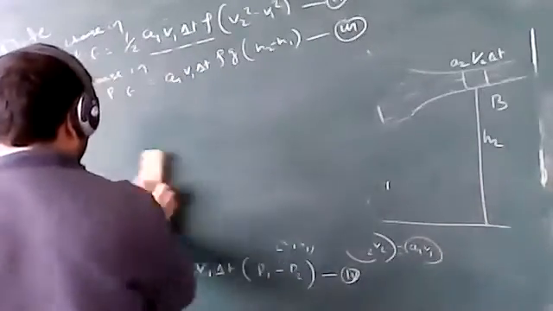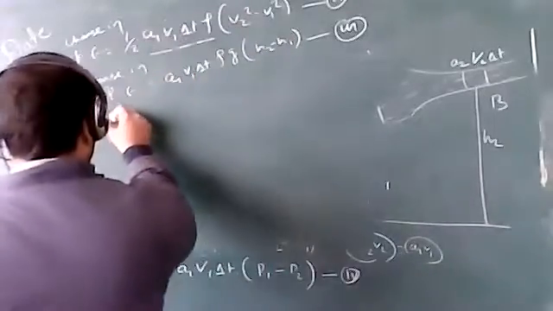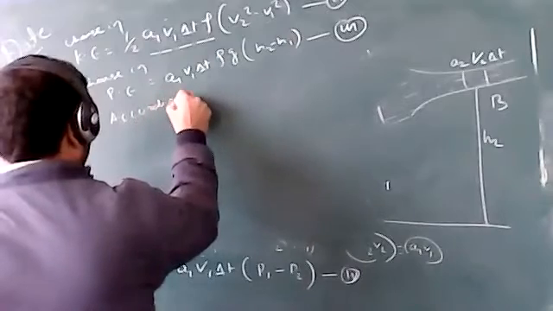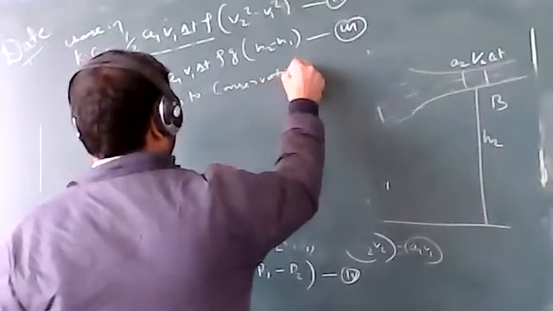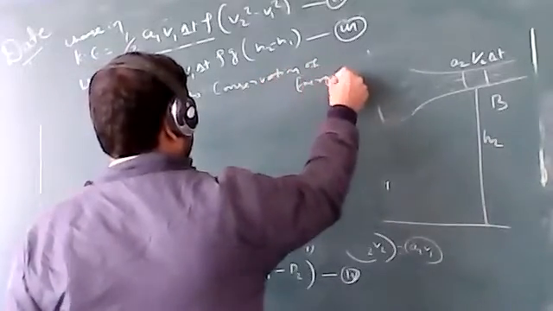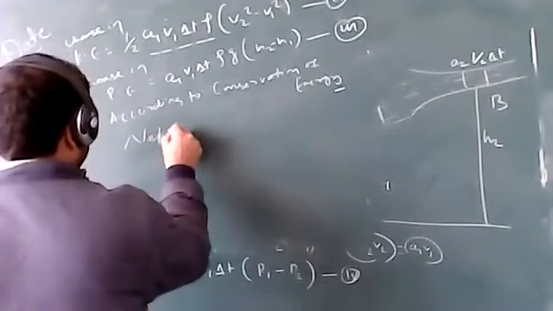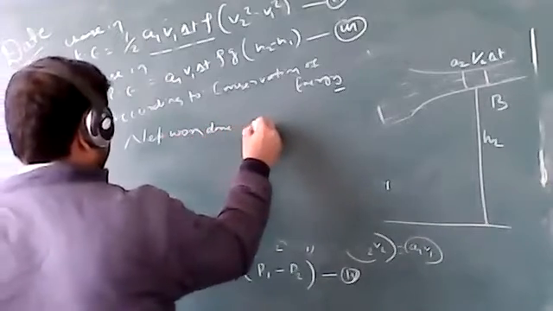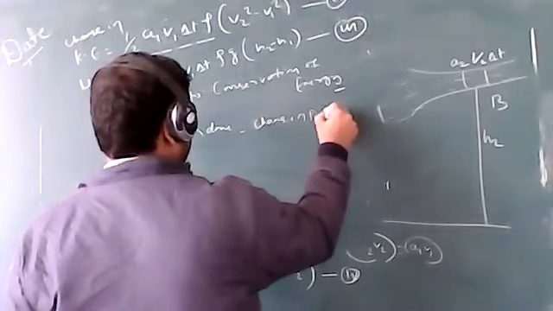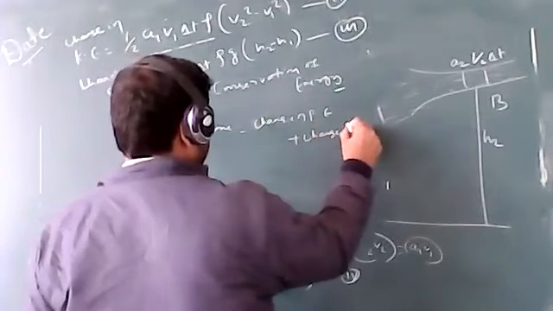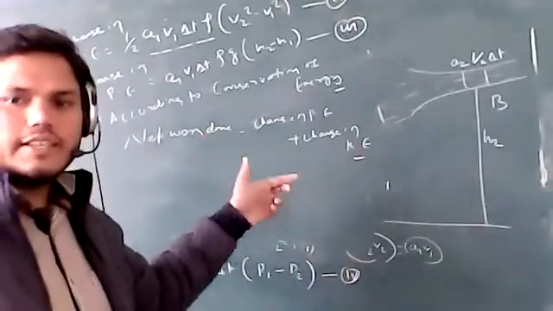According to the conservation of energy, net work done equals change in potential energy plus change in kinetic energy.